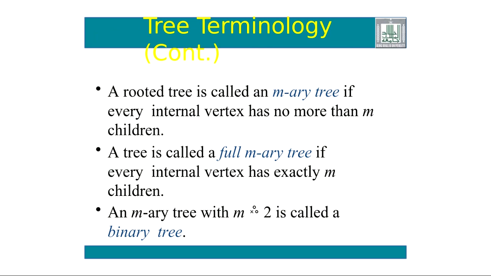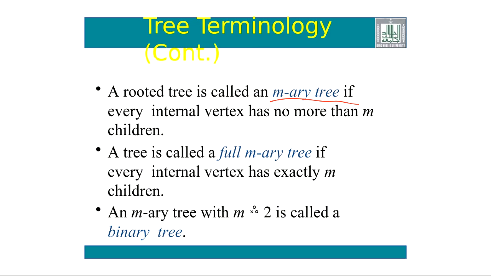Okay, now coming to the rooted tree, we can say it is an m-ary tree if every internal vertex has no more than m children. Suppose each and every root has children in the given tree, that tree we can say is a rooted tree, and also we can say it is an m-ary tree.